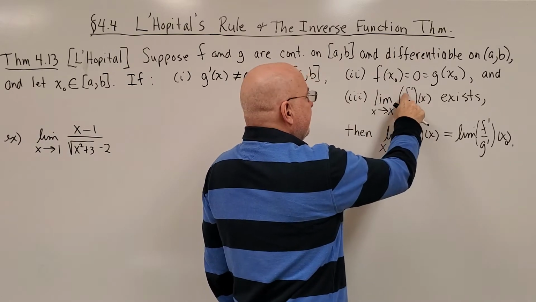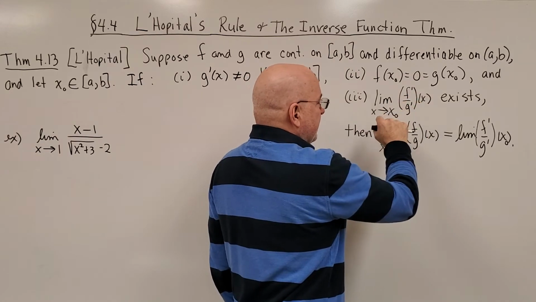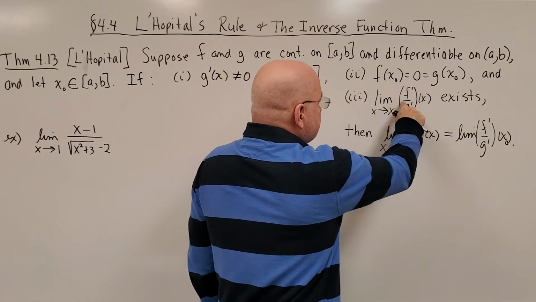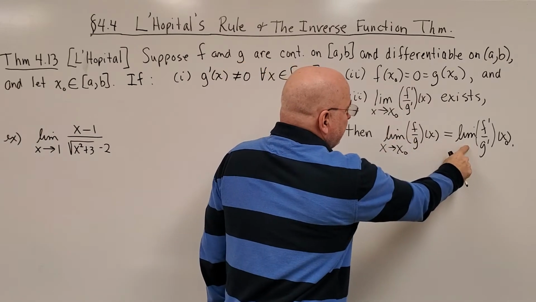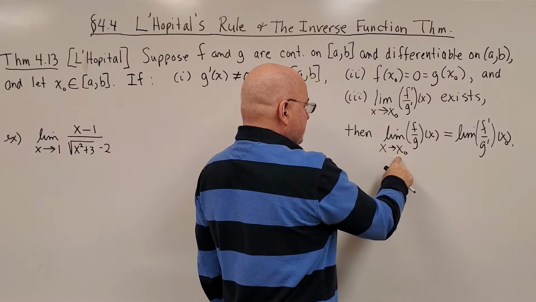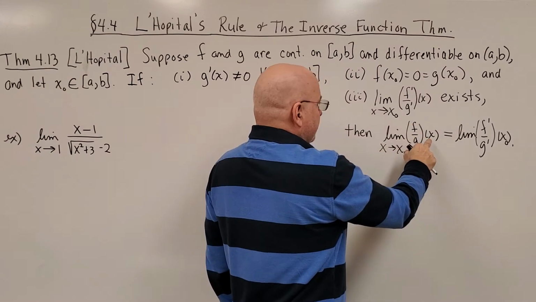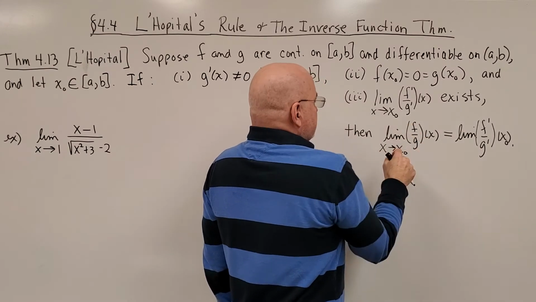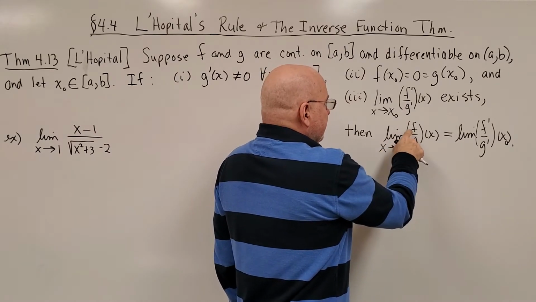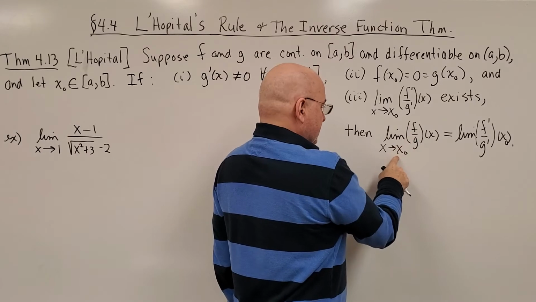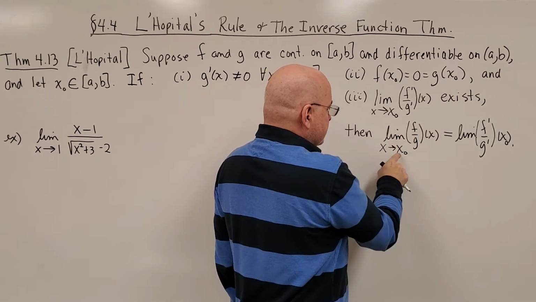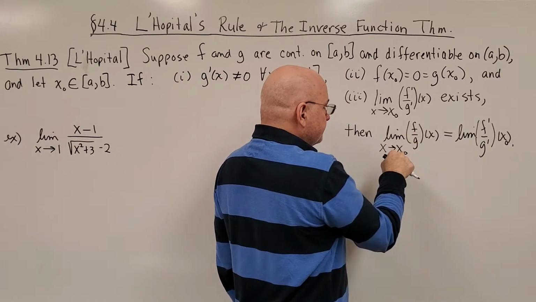That's the same as f prime of x over g prime of x. If that limit exists, then it is equal to the limit as x goes to x naught of f over g of x. So to reiterate, the limit of f of x as x goes to x naught is 0, and the limit of g of x as x goes to x naught is 0.